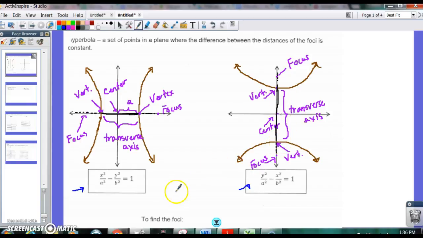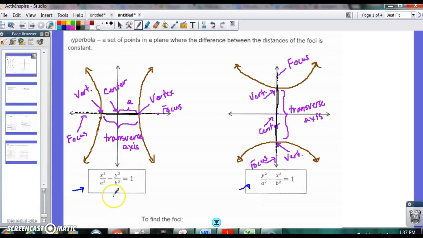Okay. Now, what's also different is the a squared and the b squared. You'll notice that the a squared is always under the positive value, whether the x is positive or the y is positive. But there's no stipulation as to whether or not a squared has to be bigger than b squared, like it was with the ellipse. So that's the difference there.